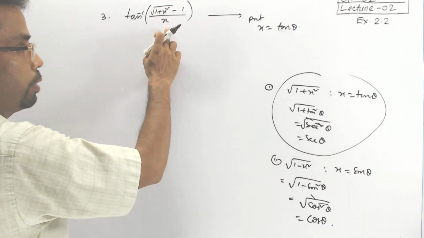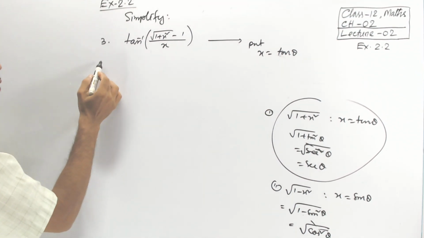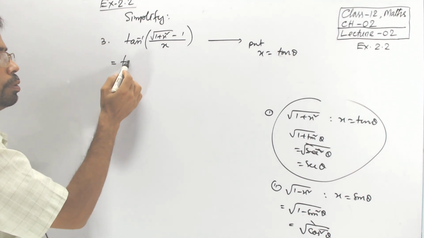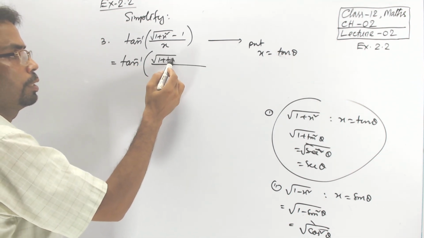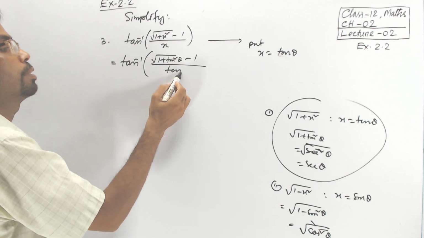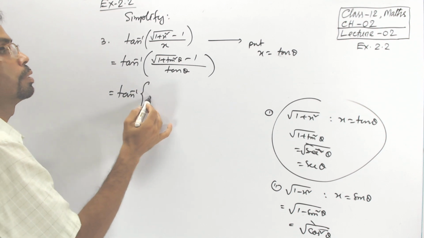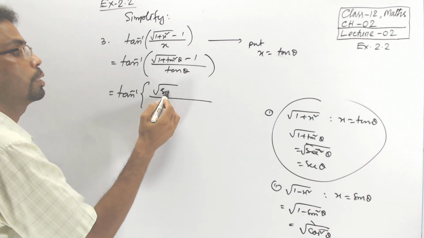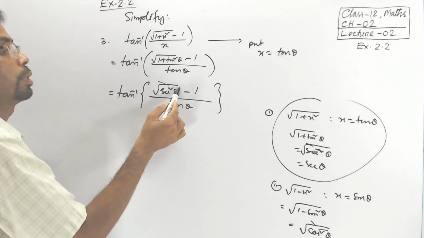So in this case plus, so I am taking tan theta, and if I take tan theta, then it will be tan inverse of root 1 plus tan square theta minus 1 by tan theta, as x is taken tan theta. So it is tan inverse, 1 plus tan square is sec square theta, minus 1 by tan theta. Square and root getting cancelled.